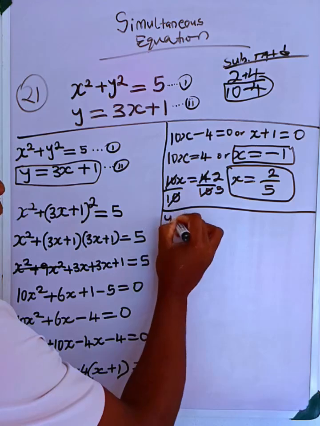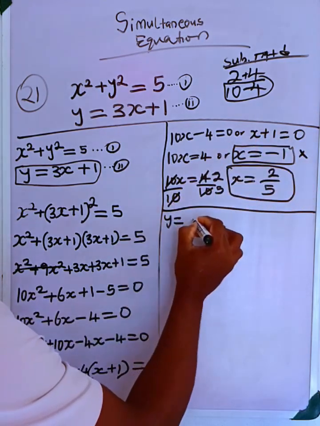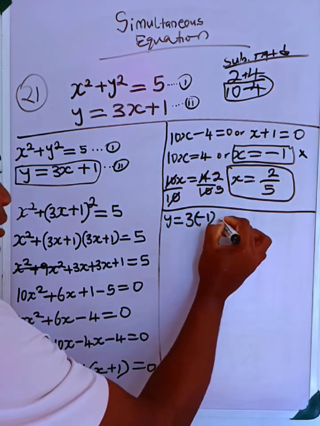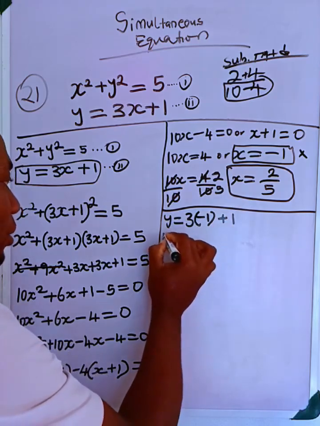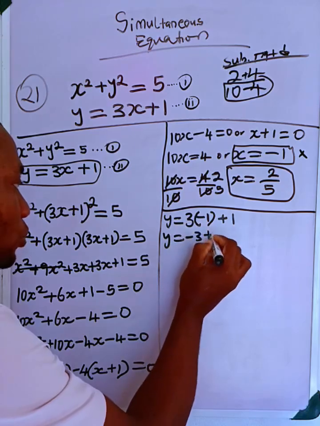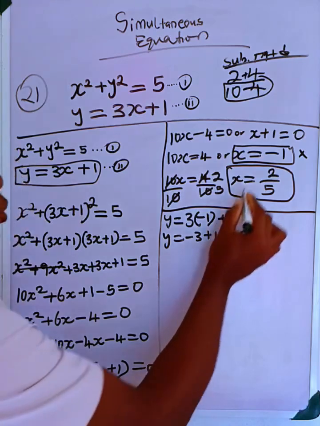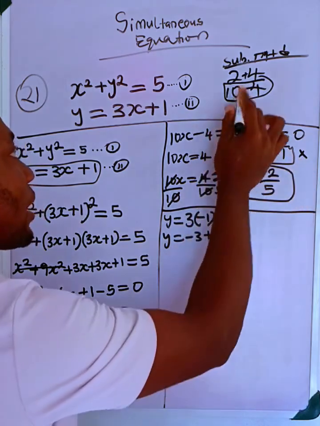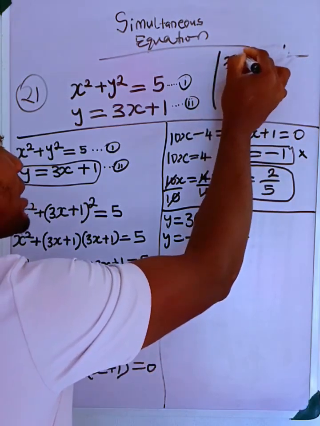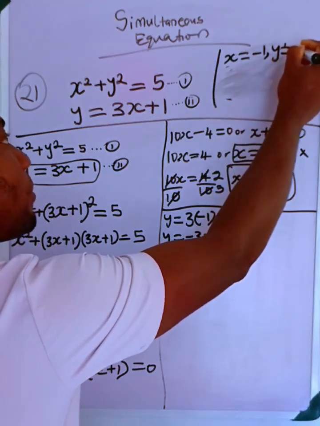When x is minus 1, y equals 3 times minus 1, plus 1. 3 times minus 1 is minus 3, plus 1 equals minus 2.